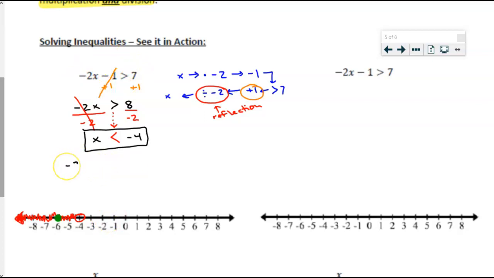So again, -2x is now -2 times -6. We're subtracting 1, and that should be greater than 7. So we're plugging it back into the original. -2 times -6 is a positive 12. 12 minus 1, is that greater than 7? Yeah, so it does check out.